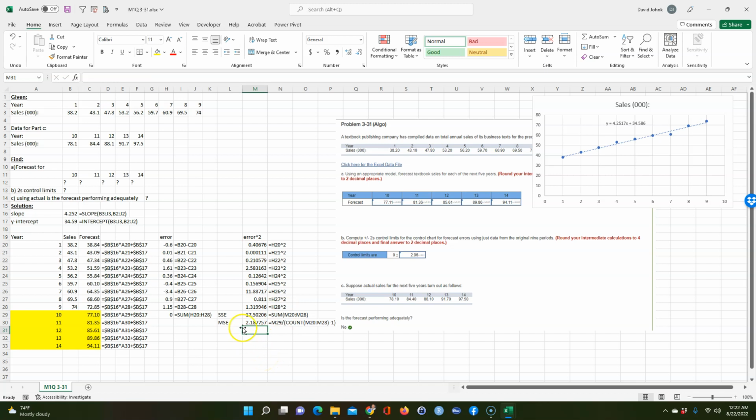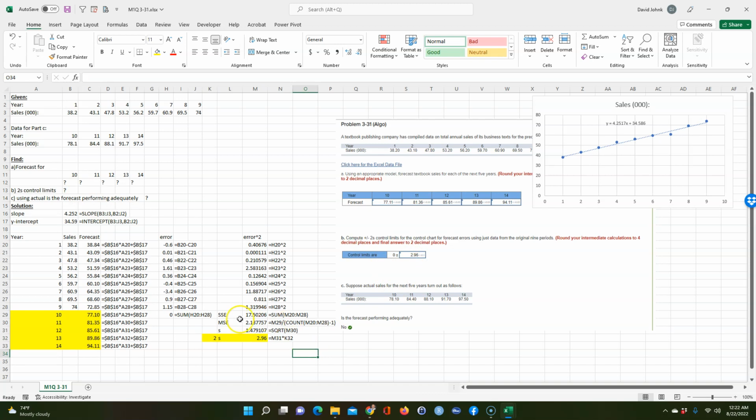So that's the mean squared error, and then we can calculate small s, which equals the square root of the mean squared error. And we calculate 2s, which is that times 2. The book takes it to 2 places, so we'll take it to 2 places. So that's the answer to the 2s control limit. You can see it's 2.96.